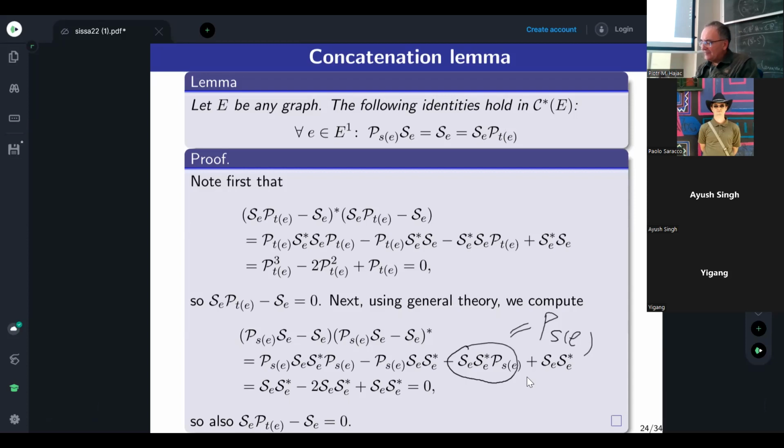But then I have a finite sum in which I have s_e s_e star plus something positive is equal to p_s(e). Okay, this is for a regular vertex. Then obviously I can say that p_s(e) minus s_e s_e star is positive. So it means that s_e s_e star is less than or equal to p_s(e). Okay, so when you have a regular vertex, that's not by assumption, it's by the second Cuntz-Krieger relation.